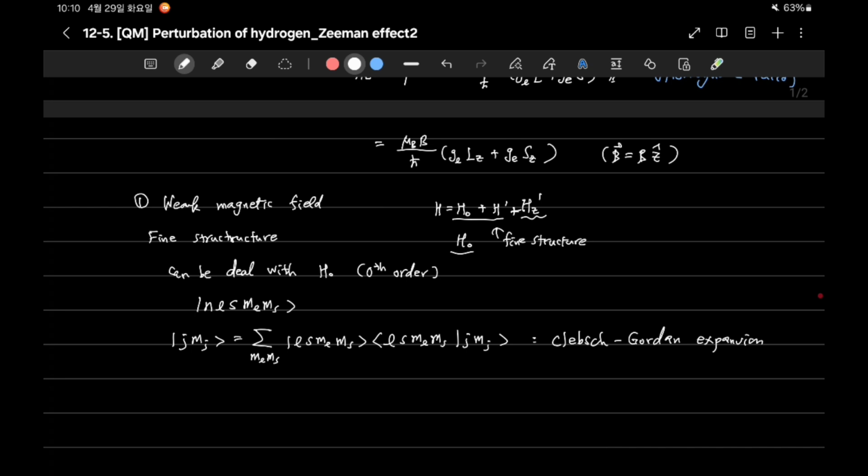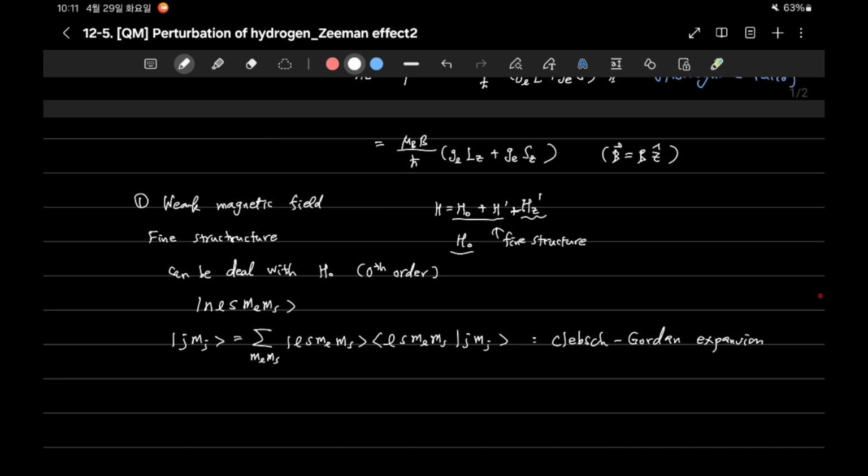In the textbook there are several tables of Clebsch-Gordan coefficients for various J1 and J2 cases. They are already calculated and tabulated in the textbook.